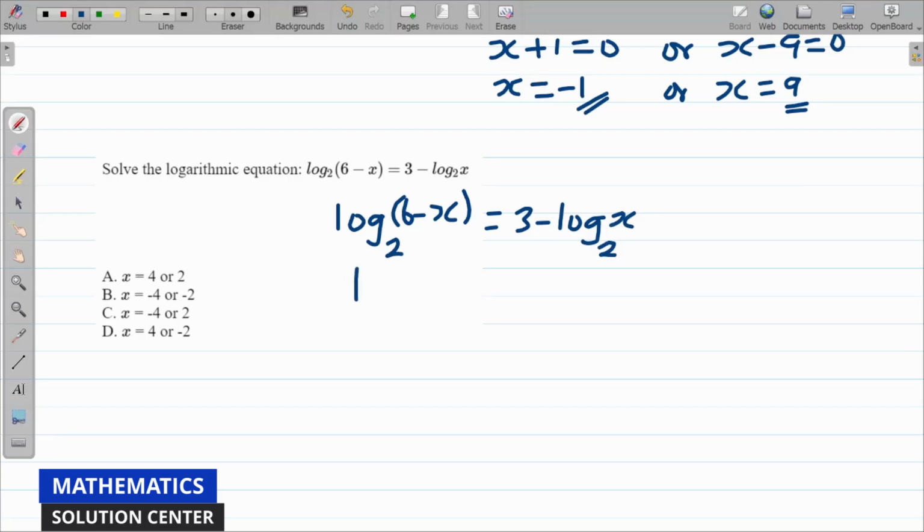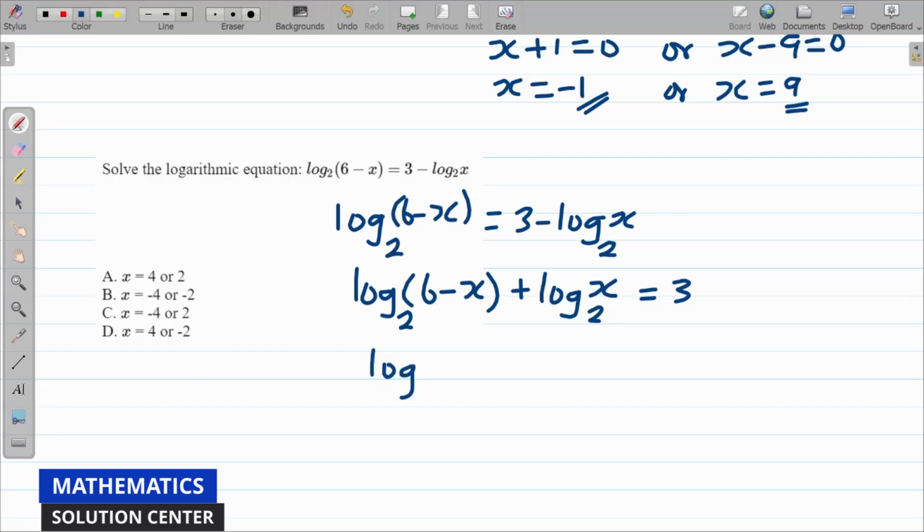So this is the same thing as log (6 minus x), then plus, don't forget your base 2, log x base 2, is equal to 3. So we use the product rule to combine these two logs together. So we are going to have log x into bracket (6 minus x) base 2 is equal to 3.